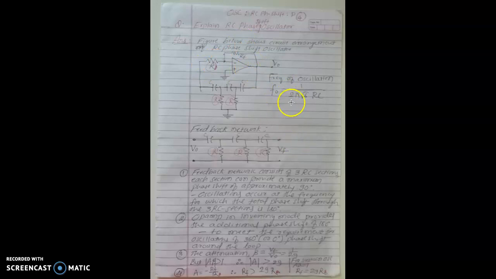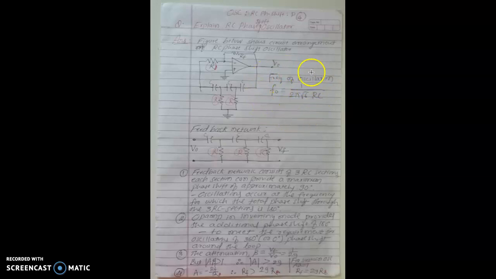Finally, with no extra derivations, you are given the output frequency. The frequency of oscillation of this oscillator is expressed by the equation 1 divided by 2 pi root 6 RC.